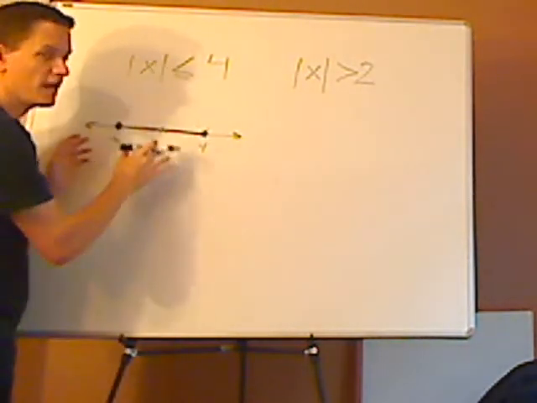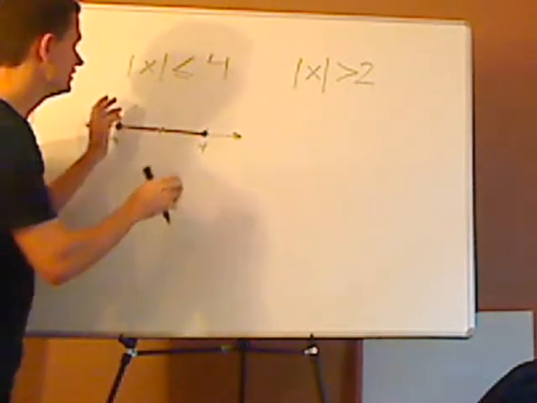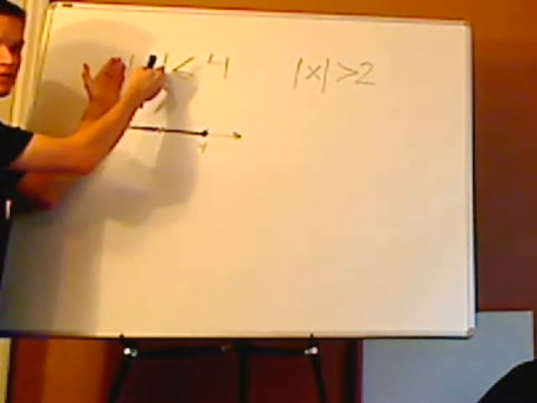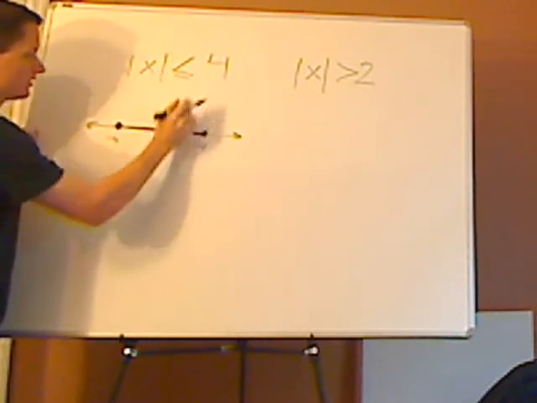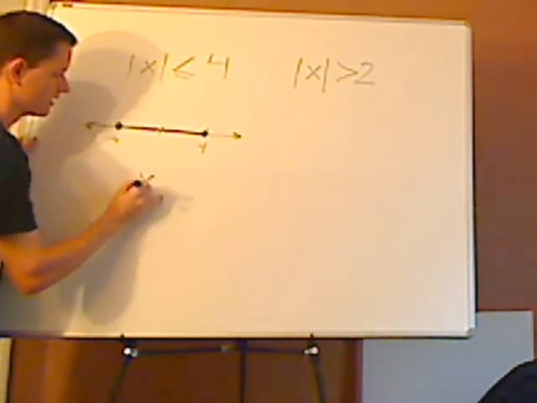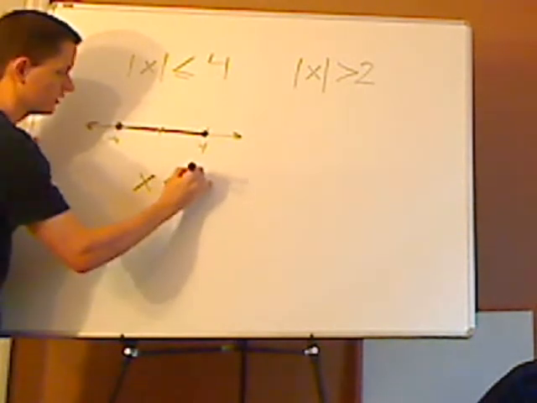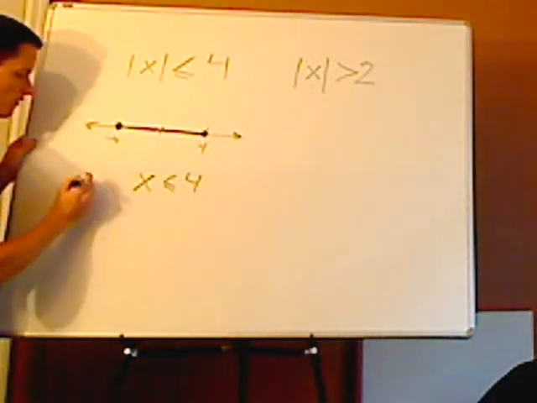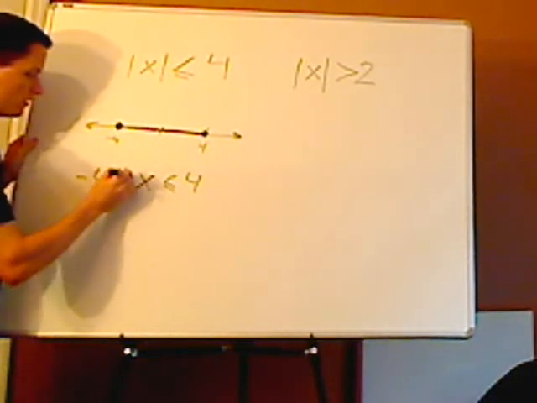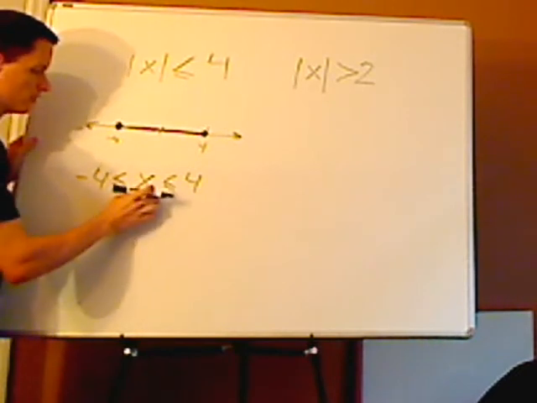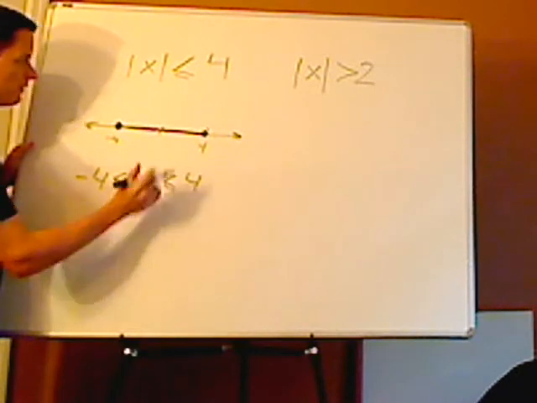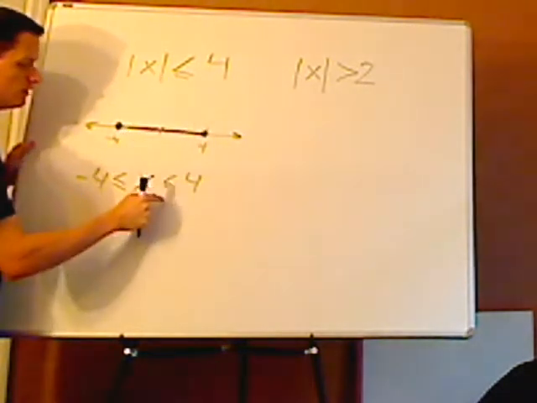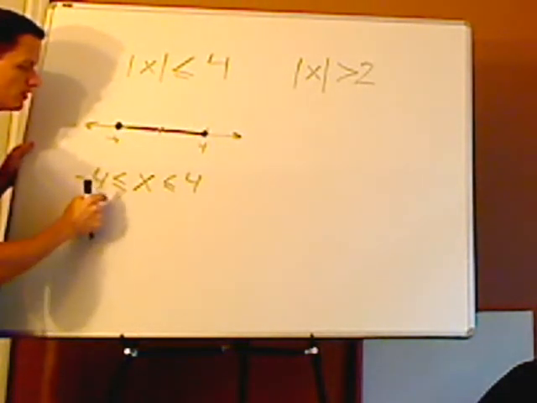Now, when you have an absolute value inequality, first you want to get the absolute value bars all by themselves. And then whatever this is, you want to set it up like this: x less than or equal to 4, and then over here, negative 4 less than or equal to x. See, you have x in the middle. Now, if this is an or equal to, then these are going to be or equal to's as well.